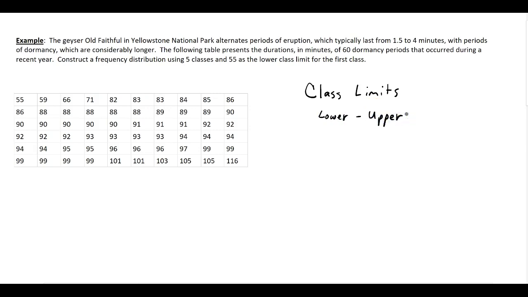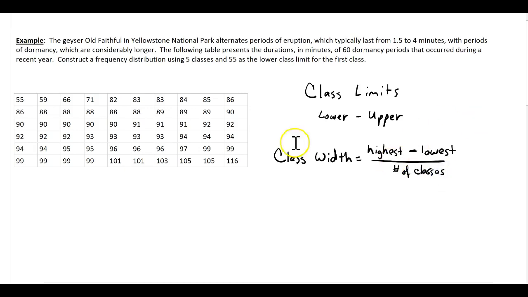Okay, and we first have to calculate what we consider the class width. The class width is the highest value minus the lowest value divided by the number of classes.